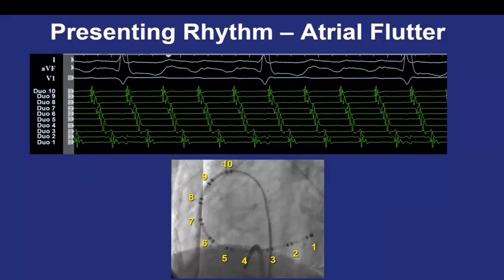Might be 300 milliseconds or even more. So sometimes it's difficult, then you have to put everything together: the intracardiac as well as the surface electrograms, in conjunction with the rate.